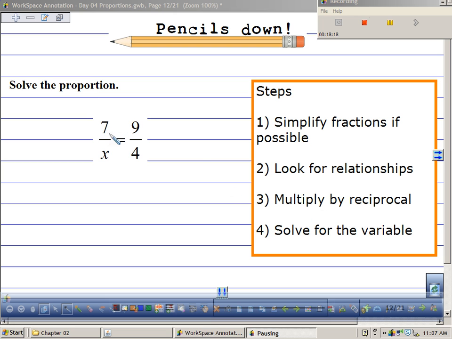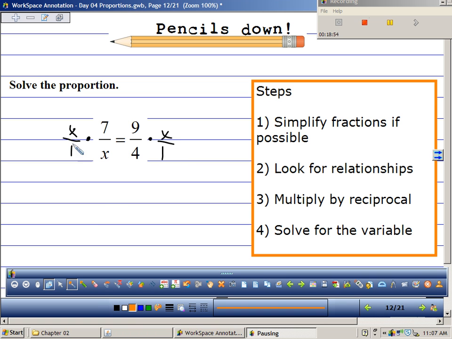Multiply by the reciprocal. I don't want to multiply by the reciprocal because I've got x in the denominator here, right? So first I want to get x out of the denominator. So I'm going to multiply both sides of my equation by x over 1.